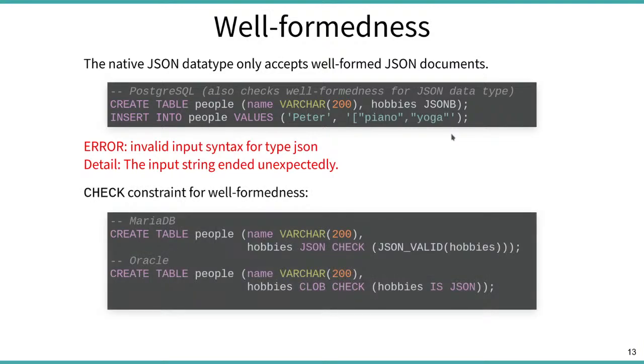In other database management systems, we saw this on Oracle, you can use a check constraint. Oracle uses the SQL standard syntax. Hobbies is JSON. This is a predicate to check whether something is a well-formed JSON or not. In MariaDB, there's a function for that. So JSON valid.